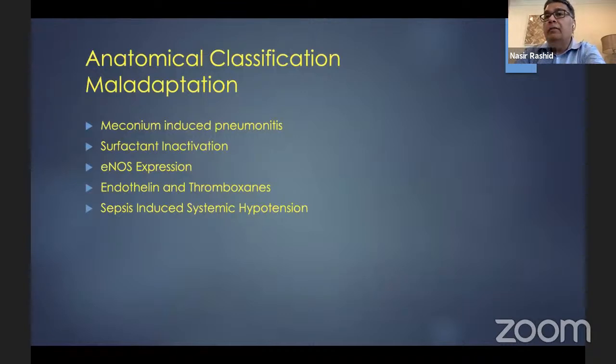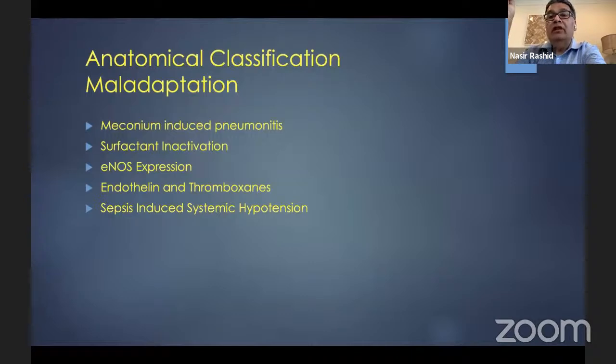The most common reason for PPHN is maladaptation, and it happens because of the passage of meconium in utero. And what happens is that once meconium is passed, and because the baby or the fetus is stressed in utero, it will lead to pneumonitis.